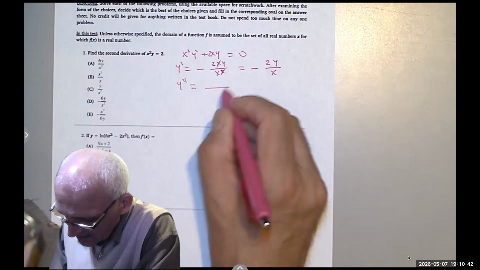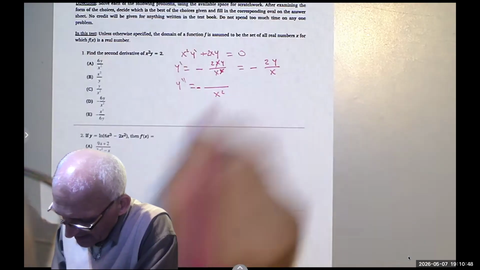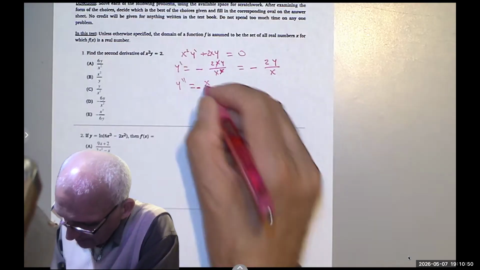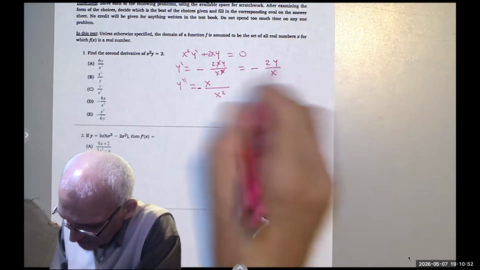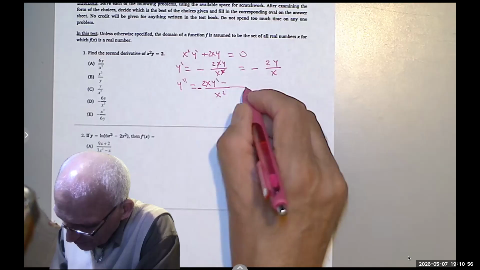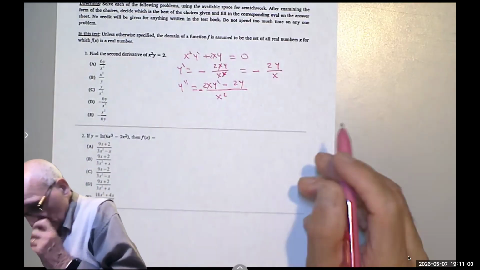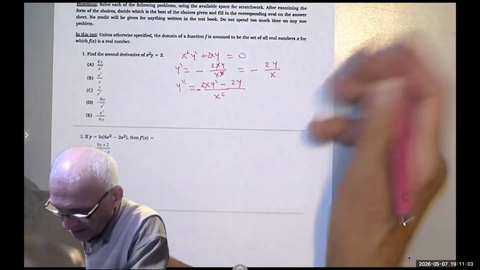Now, again, this is a quotient. There is a negative sign, so don't worry about that, just leave it. You square the x, and then you multiply x by the derivative of the numerator, which is 2y prime, minus the numerator, which is 2y, times the derivative of the denominator, which is just 1.